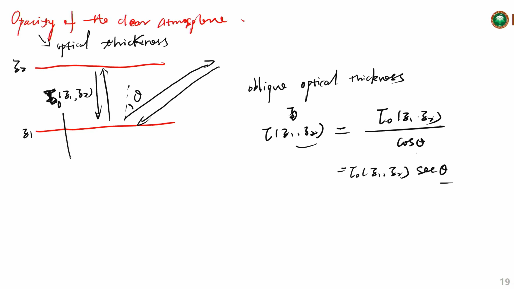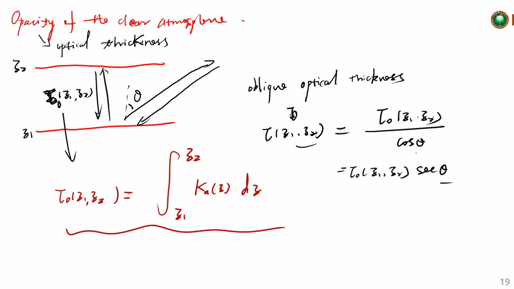How do we obtain this term? The zenith optical thickness can be calculated from the absorption coefficient from theta 1 to theta 2, by taking the integration.